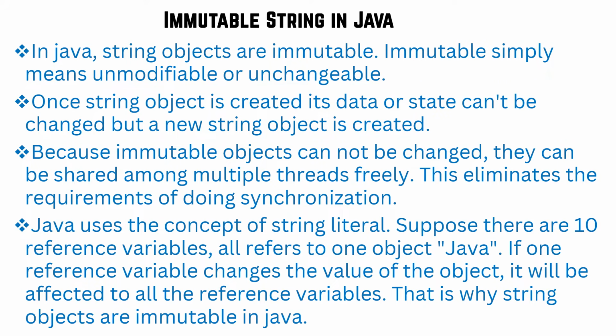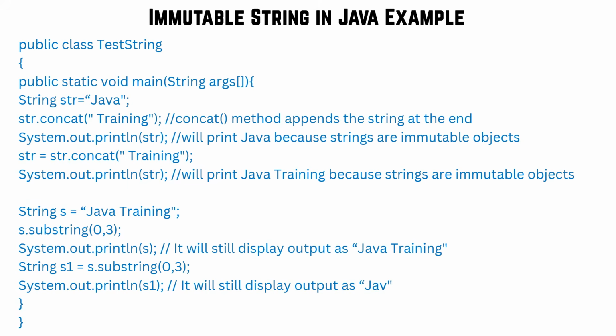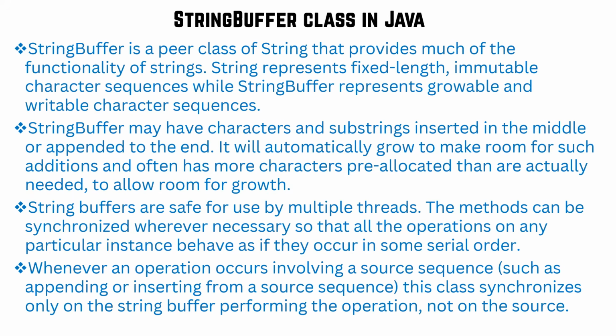The next question will be: are there no options available in Java to change a string object value? Yes, there are two classes available, StringBuffer and StringBuilder. Mostly similar, but we will discuss StringBuffer. StringBuffer is a peer class of String which provides much of the functionality of String.